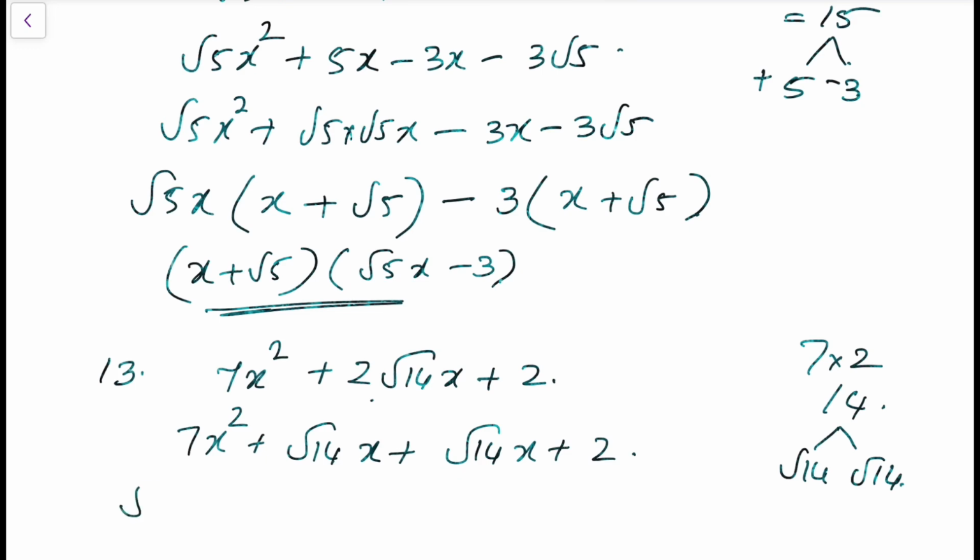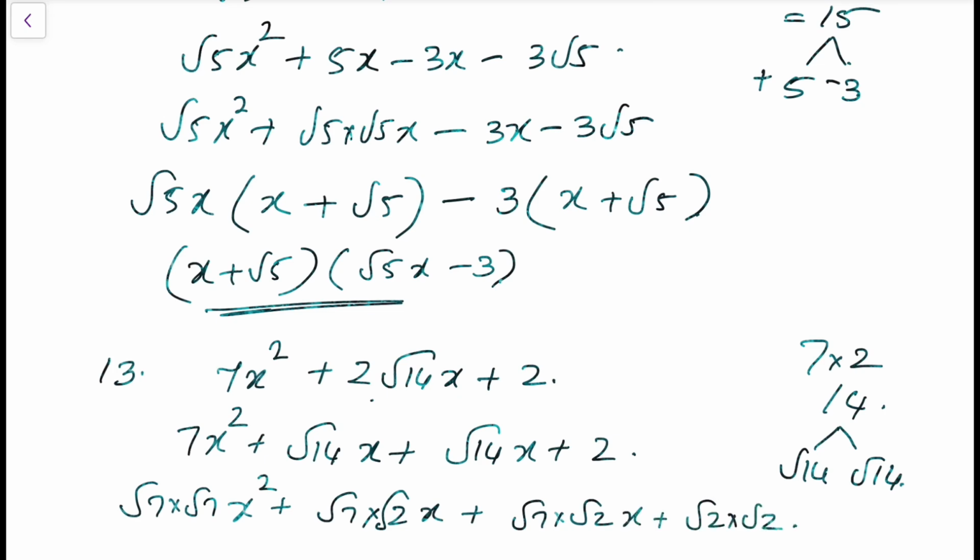And 7 can be written as root 7 into root 7 x squared plus root 7 into root 2 x plus root 14, again you will write it as root 7 into root 2 x plus 2 can be written as root 2 into root 2.